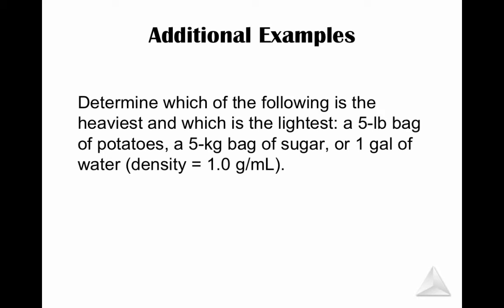Determine which of the following is the heaviest and which is the lightest. So we have a 5-pound bag of potatoes, a 5-kilogram bag of sugar, and 1 gallon of water. So the thing that's probably going to be the most helpful is if we take all of them and go to grams. Okay, that's the base unit that we work with, so let's do that. So we have 5 pounds of potatoes.